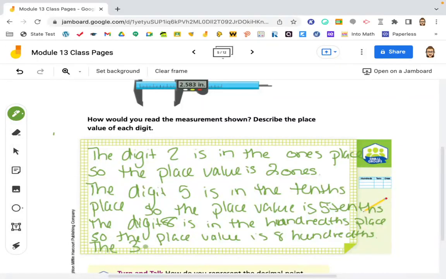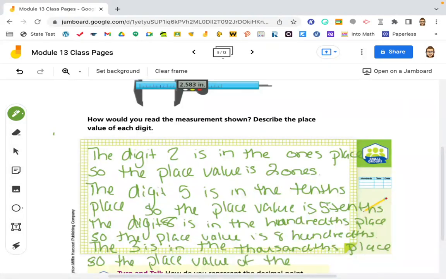The 3 is in the thousandths place. So the place value is 3/1000.